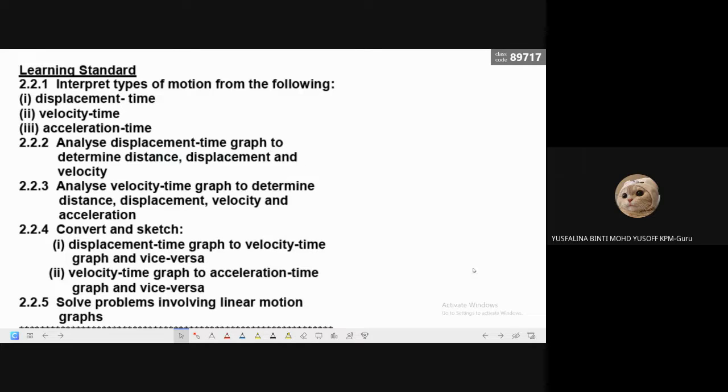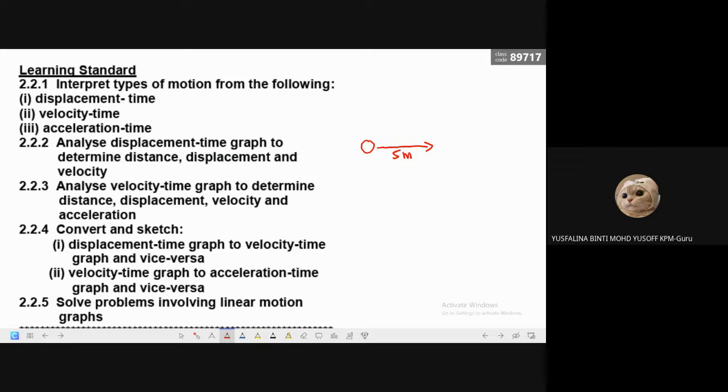Before we start, let me show you the difference between distance and displacement. Generally, we know distance is a scalar while displacement is a vector. Vector means it has magnitude and also direction: which way does it move? For example, let's say this is a ball, and it moves to the right, around 5 meter.